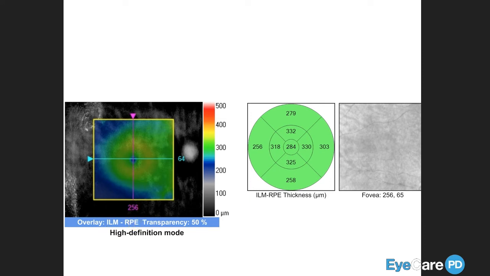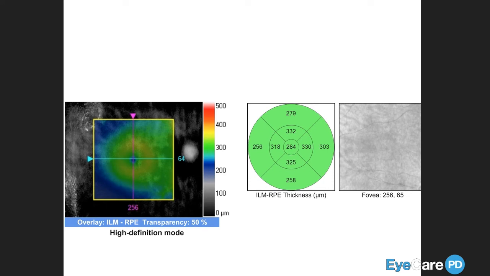The device calculates at thousands of points, all these points, to determine the thickness of the retina at varying places. It uses a colorimetric scale, which you can see here on the side, to indicate relative thickness, where these red or hot colors indicate areas where things are thick, and cool colors, these blues, indicate areas where things are thin. This is a very normal appearing map.